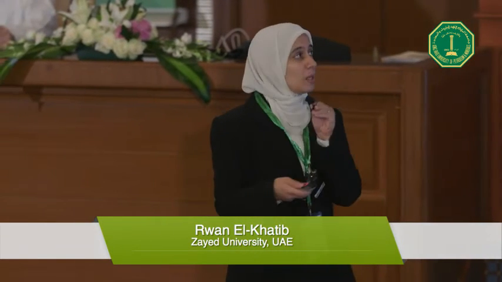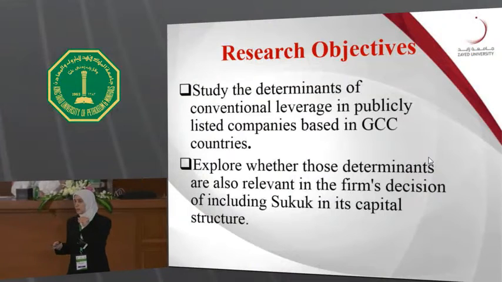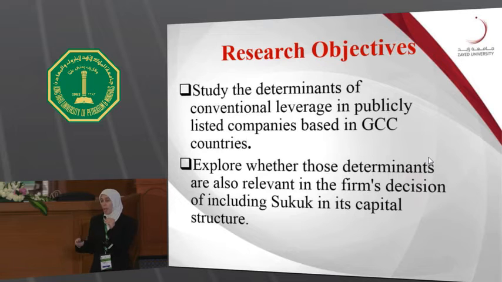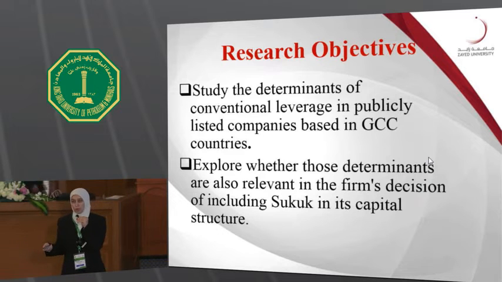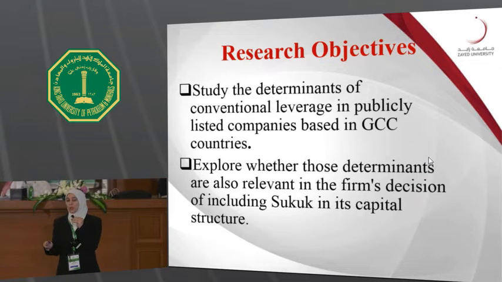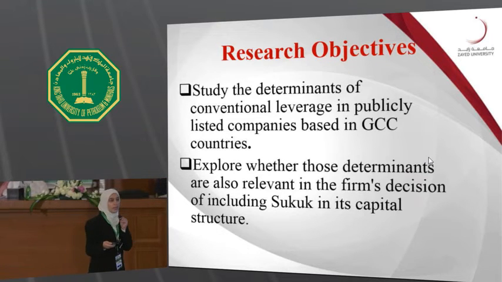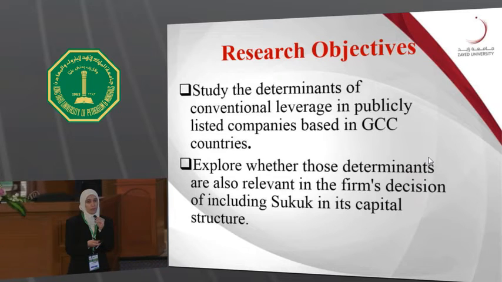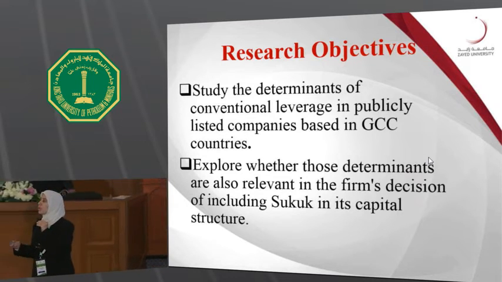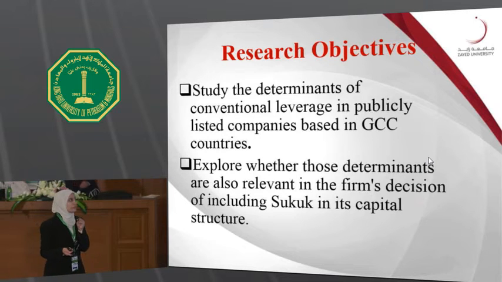First, to study the determinants of conventional leverage in publicly listed companies based in the GCC countries. Then, since there is a huge debate about whether sukuk and bonds are different or similar, if sukuk are in fact similar to bonds, we should expect the same determinants that apply to conventional leverage to also apply when including sukuk in the capital structure.